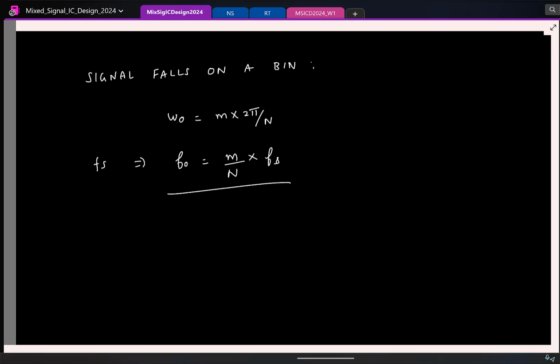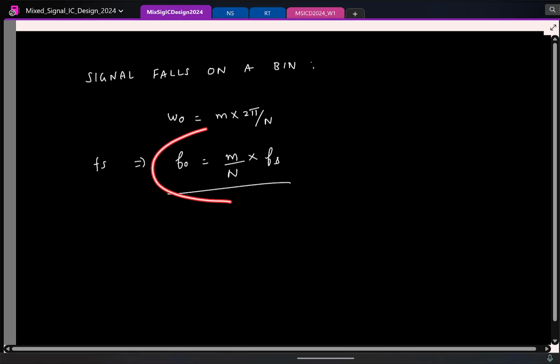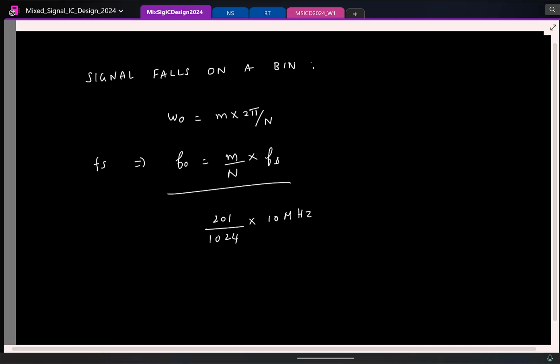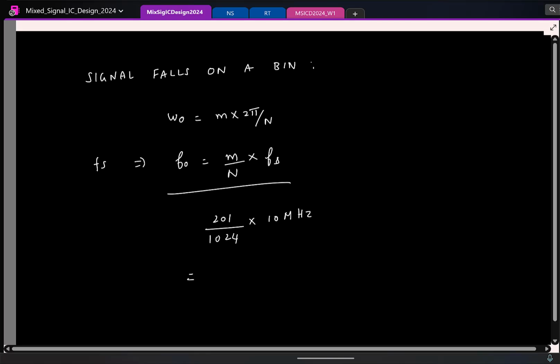This is very straightforward to ensure in simulation. When you are simulating, you can feed in any value you want. So let us say you decide 201 by 1024, say Fs is 10 megahertz for example. One thing is, when you are feeding this frequency, don't compute this number, which will be some 2.05123 megahertz, and round it off to 2 decimal places and feed it.